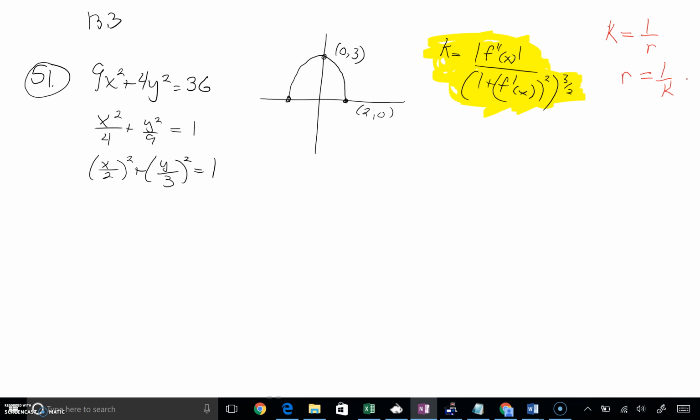But as we're trying to find kappa, the problem that we talked about was that f prime at the point 2 comma 0, f prime didn't even exist at that point. So this formula for kappa, which is normally so incredibly helpful, is not going to be able to be used for that point in question.